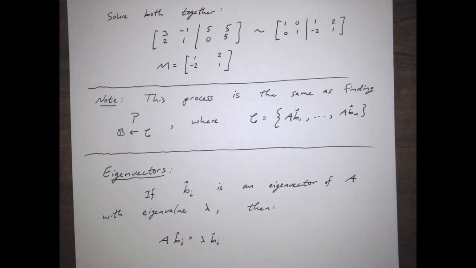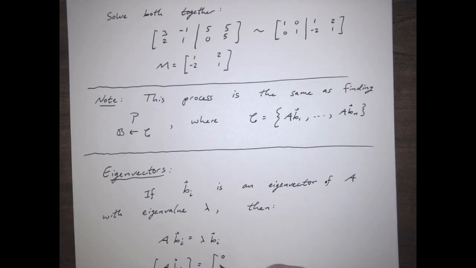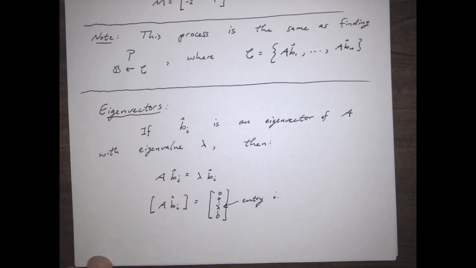But what that then means is that the representation of A b_i is actually going to be zeros everywhere except for entry i, where it will be lambda, then zeros everywhere else. Now, what is that going to mean? That means that in that particular column anyway, the only entry that's not guaranteed to be 0 is the entry that's along the main diagonal.